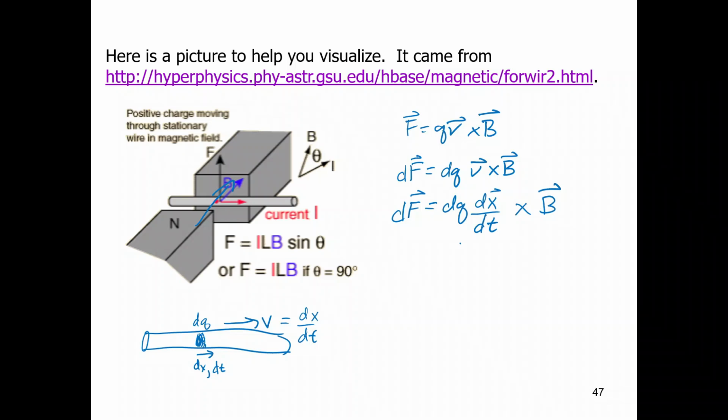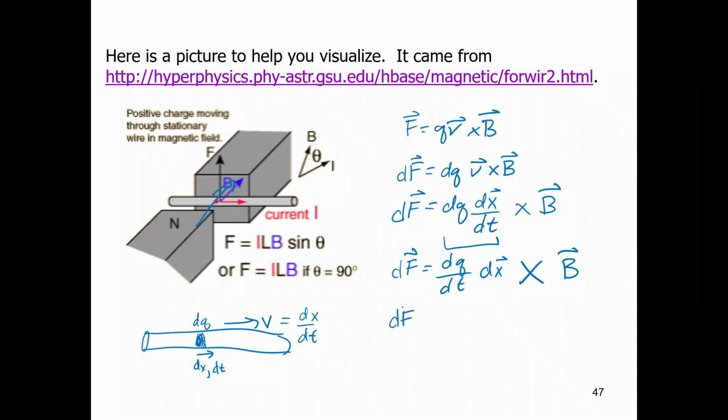Now, because this is multiplication and division that can occur in any order, I can reorder that, and I get that dF is equal to dq/dt times dx cross B. Well, dq/dt, I think I've seen that somewhere before. That is our definition of current.